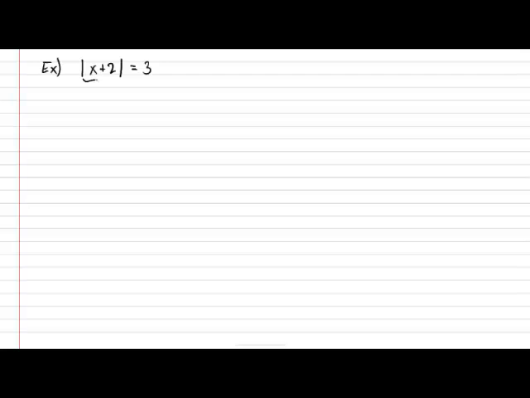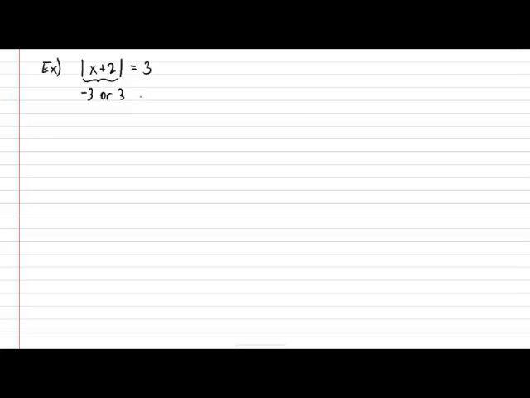Well, in order to get an answer of positive 3, perhaps inside the absolute value expression, it could equal to 3, because absolute value of 3 is equal to 3, or the expression could also equal to -3, because don't forget, the absolute value of -3 also equals to 3. So this is -3 or 3.